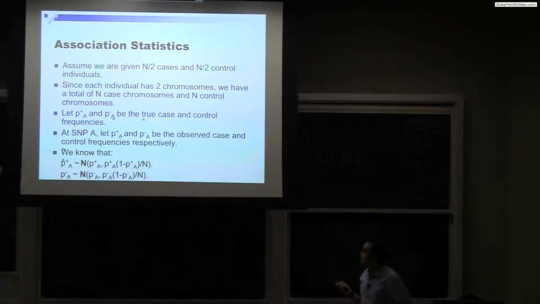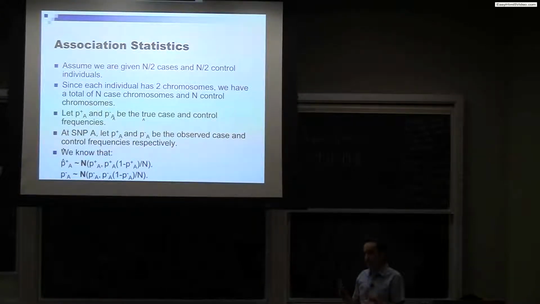Okay, and so let P plus A and P minus A be the true frequencies for the cases and the controls. So you can imagine that, hypothetically, for example, 60% of the case chromosomes will have a variant, and 40% of the control chromosomes will have the variant.